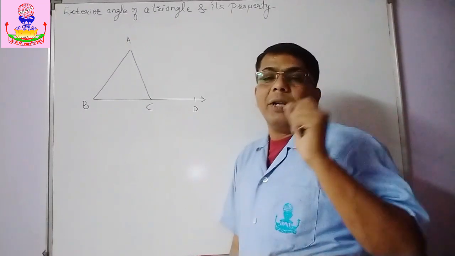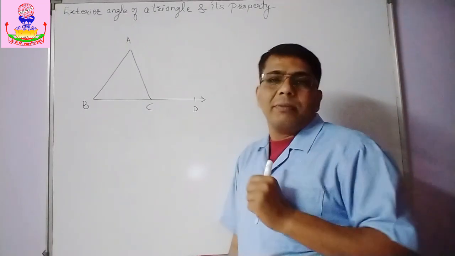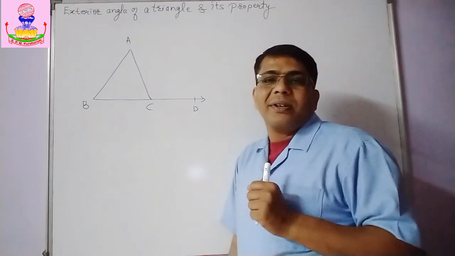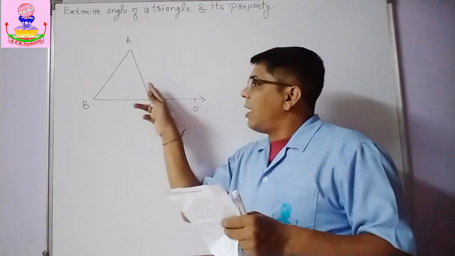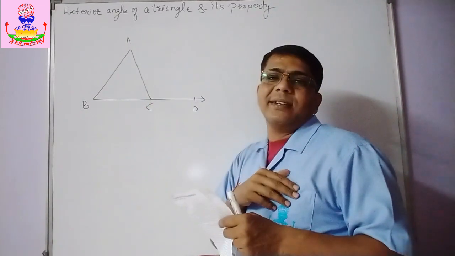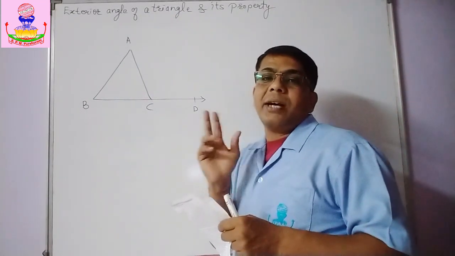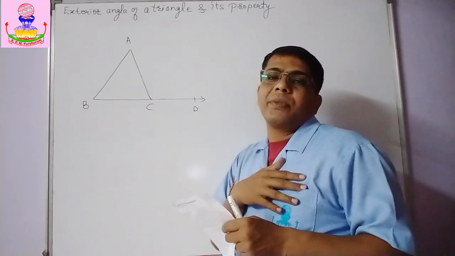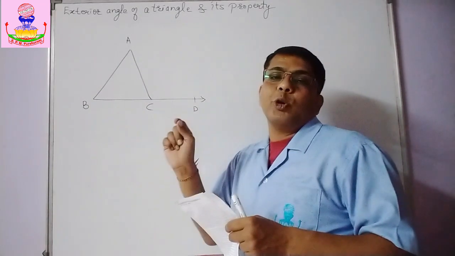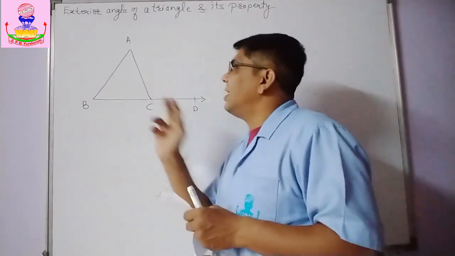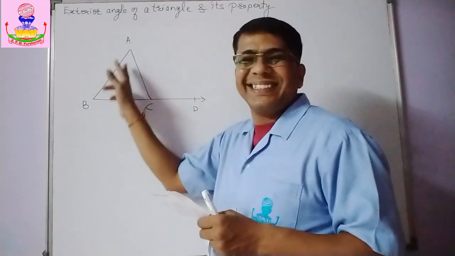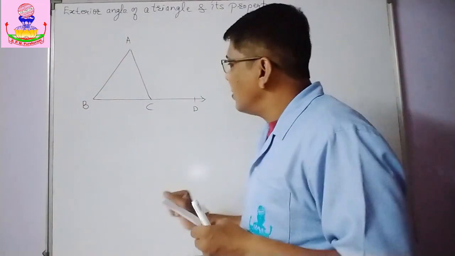Now there is one property of this exterior angle, that the measure of this exterior angle is equal to the sum of its interior opposite angles. That means these two angles.